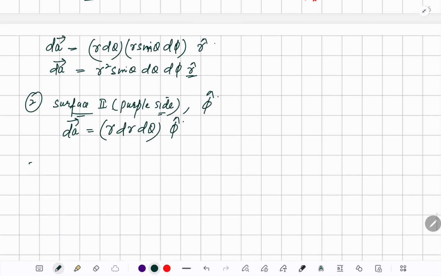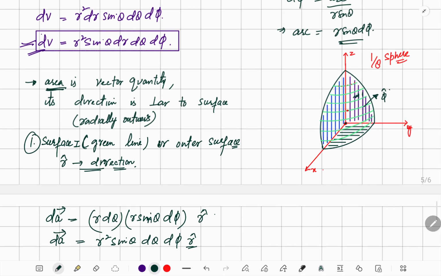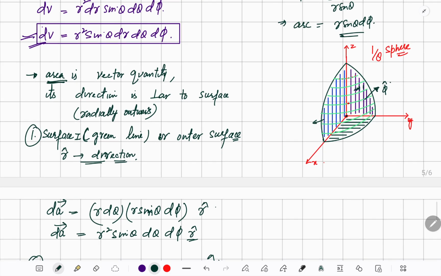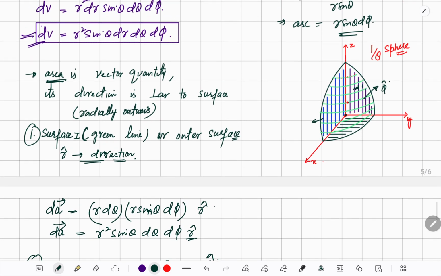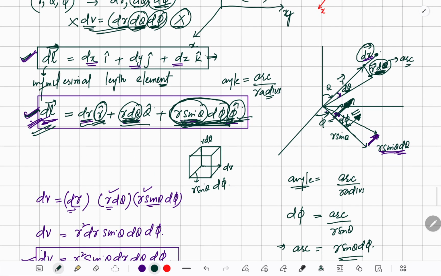Okay, now let's move to the third surface. Let's take this blue side. So if you check here, if we move in this direction, we get phi cap. If we move in this direction, we will get minus phi cap.